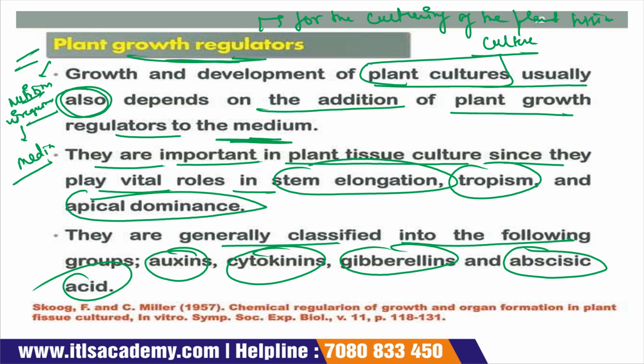This is a plant growth regulator or plant growth hormone. So basically we are using auxin, but you can also use cytokinin, gibberellin, and abscisic acid along with auxin. So these are the plant growth regulators.